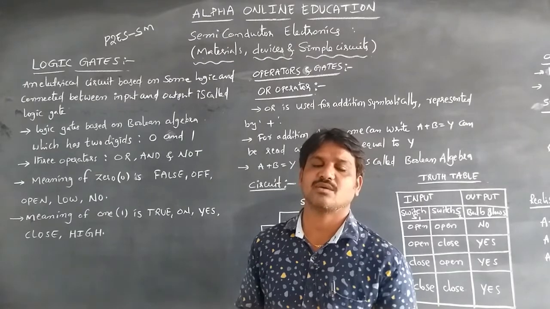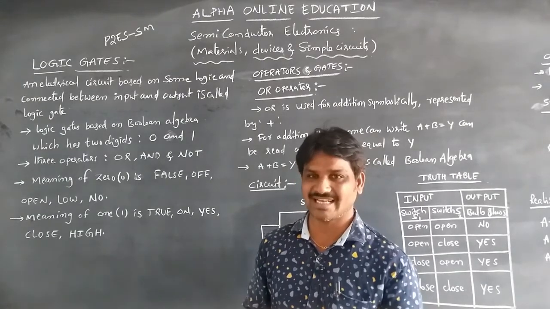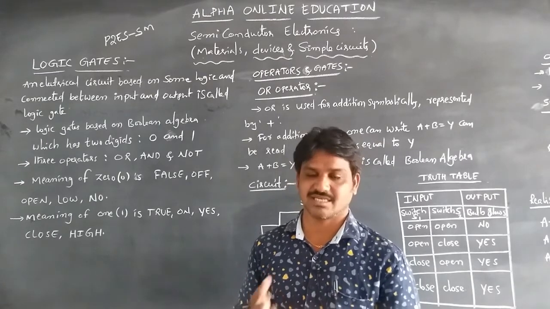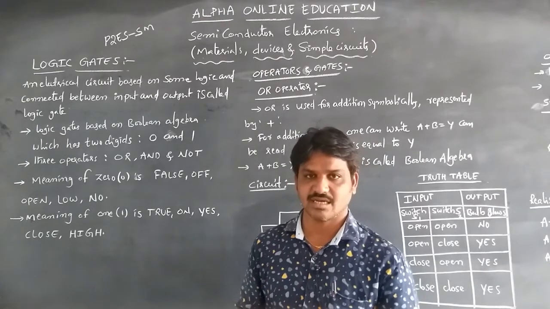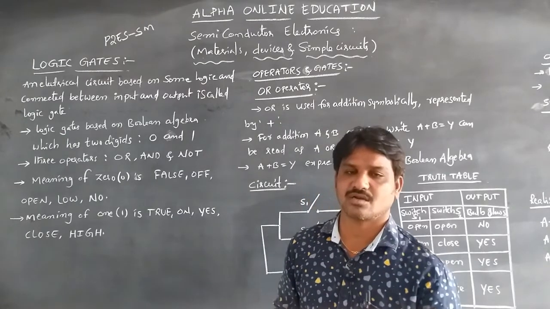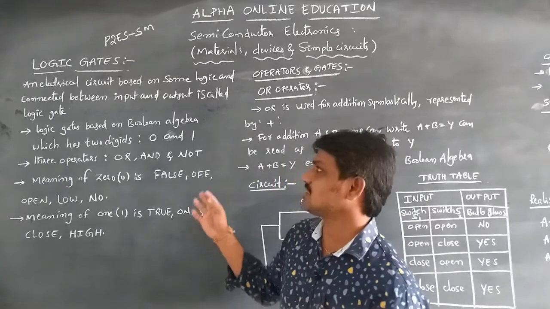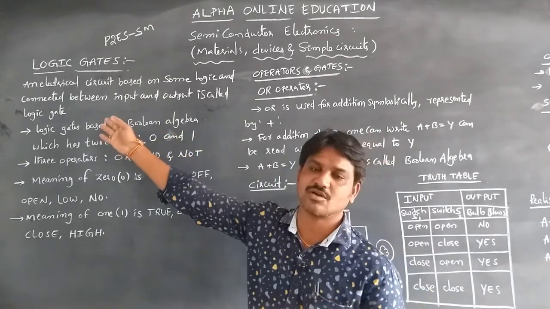The devices or circuits which analyze, generate or transfer these signals are called logic gates, which work on digital signals in an electrical circuit.